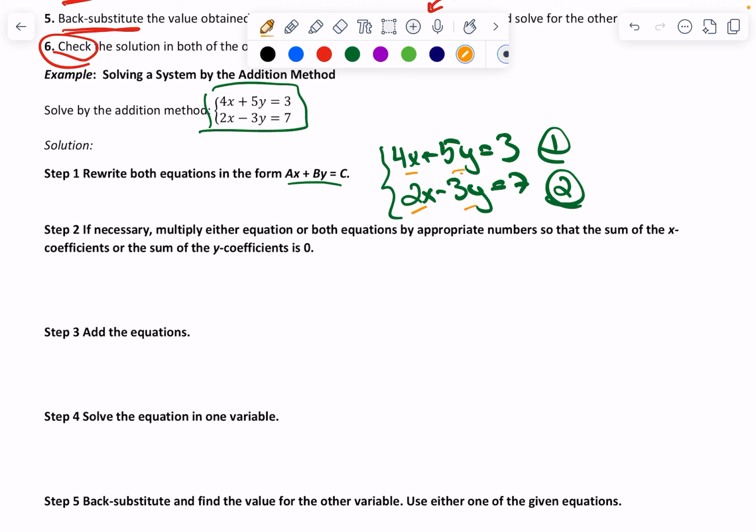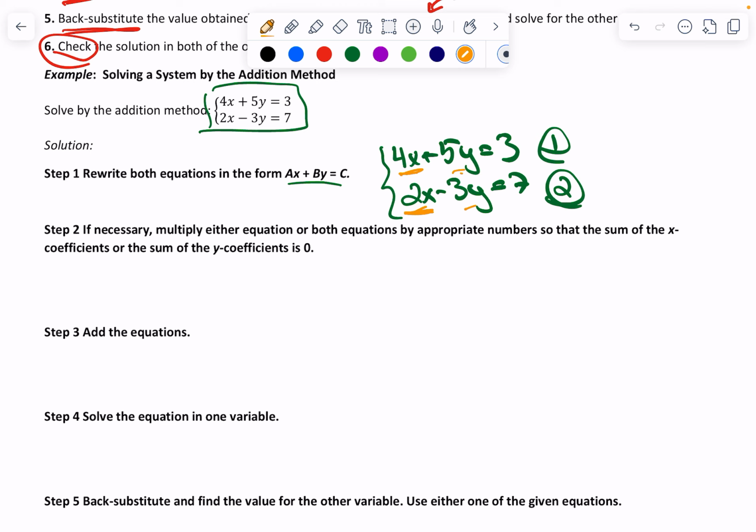So what we need to do is multiply one of these equations so that we have the opposite sign. Looking at the 4x and the 2x, if we multiply 2x by 2, we get 4x. Well, it needs to be opposite, so we need to multiply it by negative 2 so that 4x minus 4x cancels out.